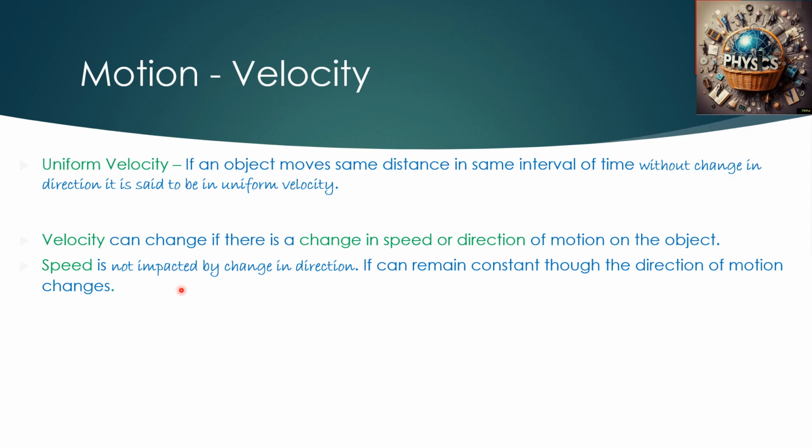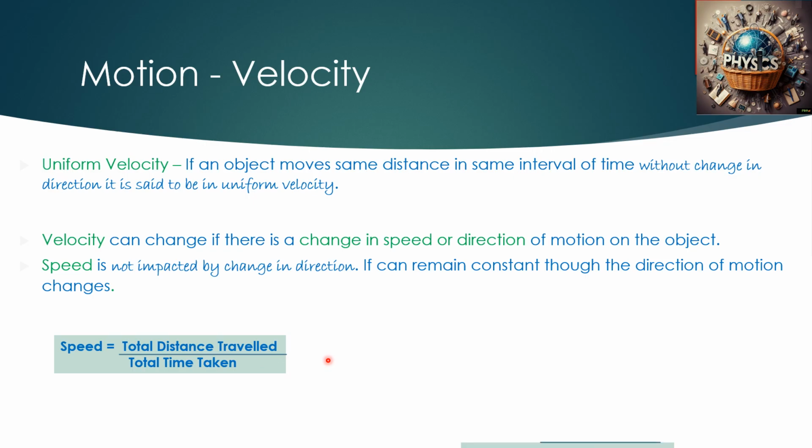Whereas the same is not true for velocity, because the direction is changing. So we cannot say though the same distance is traveled, the velocity is still not constant. These are the points to be remembered. So speed is the total distance covered by total time taken, whereas velocity is total displacement by total time taken.